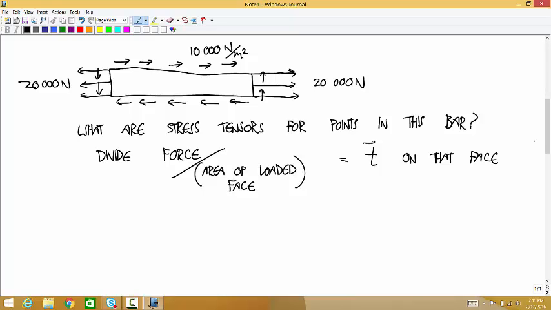So for the tension, that XX stress is going to be 20,000 divided by the area of that face, which is 0.2 times 0.2.